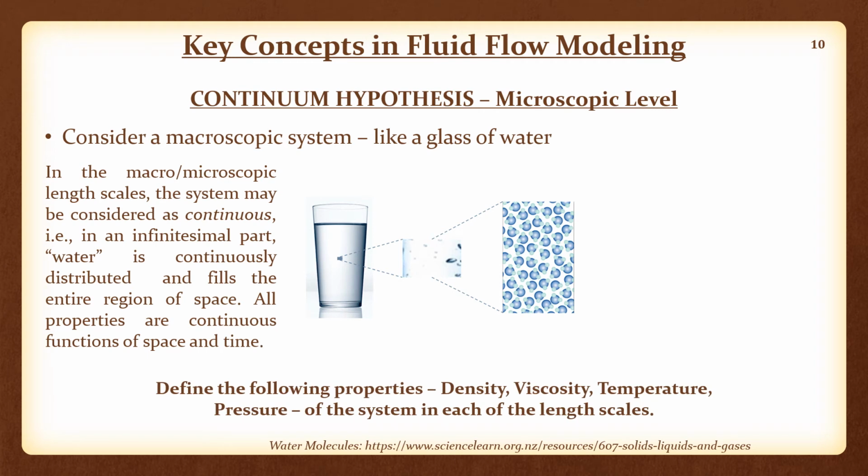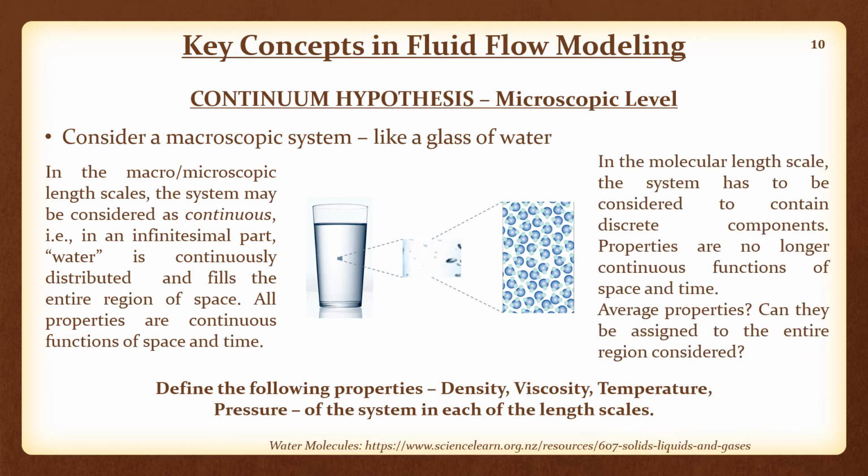Now, if you look at the various properties, as I was saying, density, viscosity, even temperature and pressure are average properties here. But when you look at molecular length scales, these properties are harder to define in this particular way. In a molecular length scale, the system has to be considered to contain discrete components.